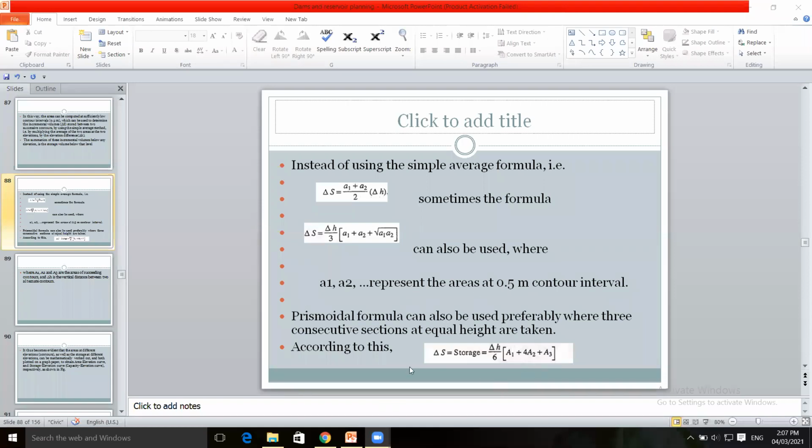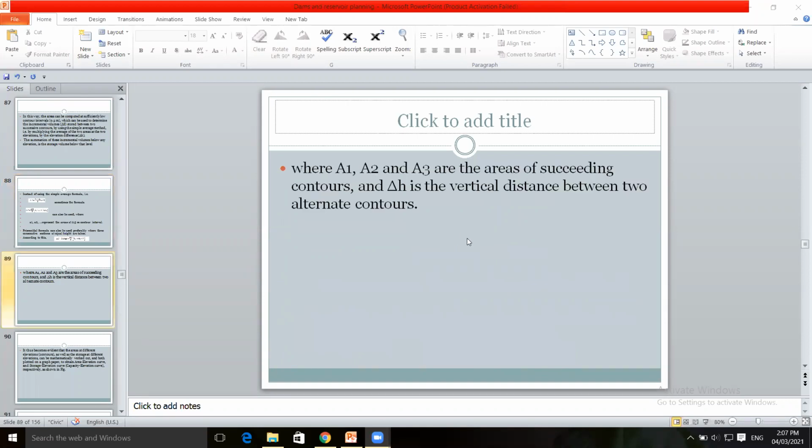The incremental volume, that is delta S, or storage capacity, is determined by delta H by 6 into bracket A1 plus 4 into A2 plus A3. This is the formula for determining storage capacity. A1, A2, A3 are the areas of the succeeding contours, and delta H is the vertical distance between two alternate contours.